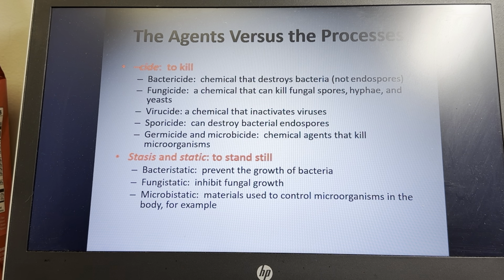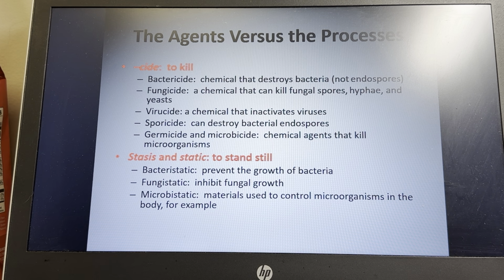A viricide, because viruses aren't technically alive, we can't say that we're killing viruses, but we're going to inactivate them. Okay, a sporicide will kill or destroy endospores. And then kind of general terms that are used are germicide and microbicide. Those mean agents, chemicals, that will kill microorganisms in general.